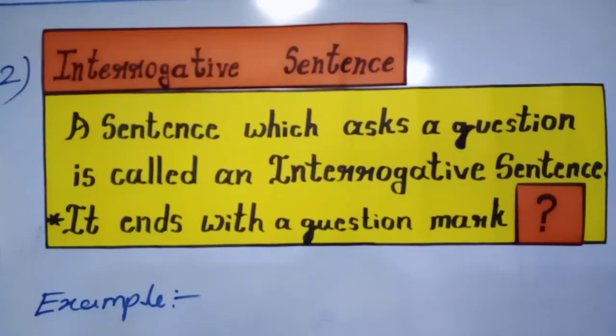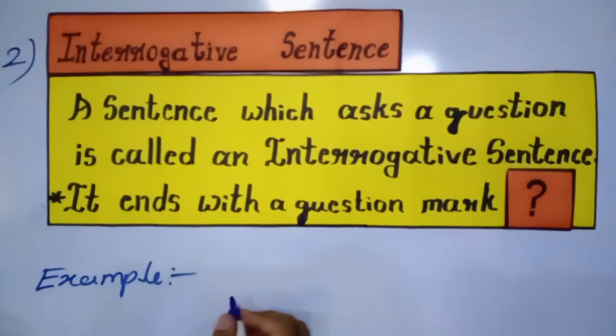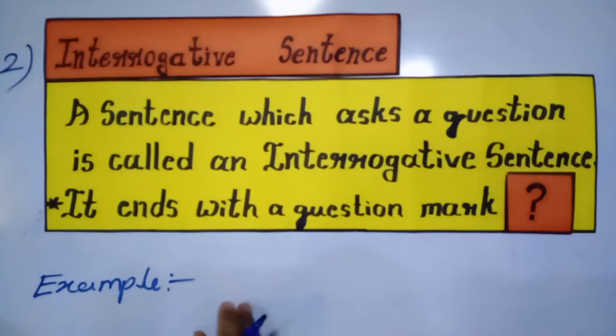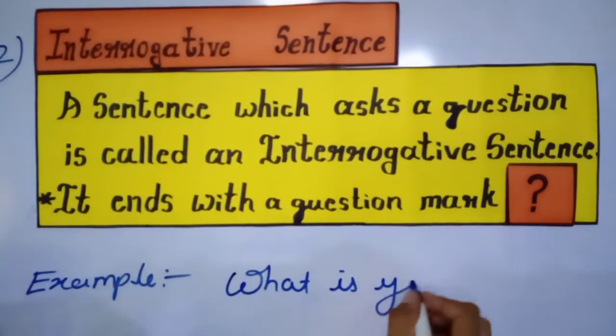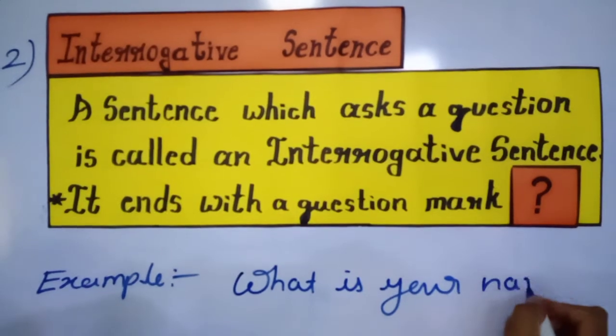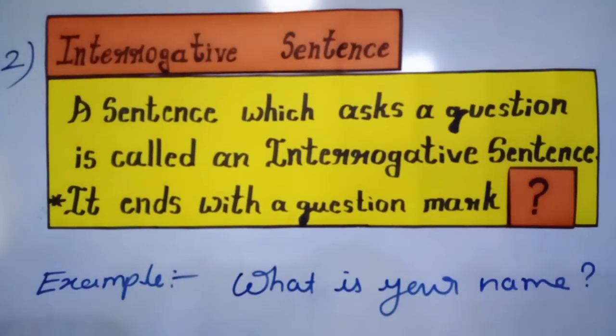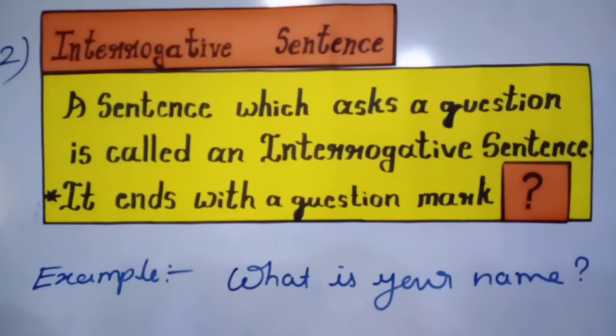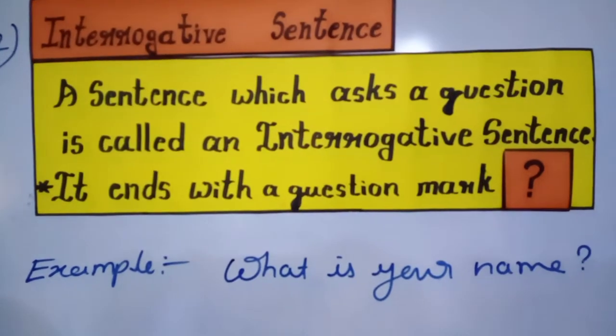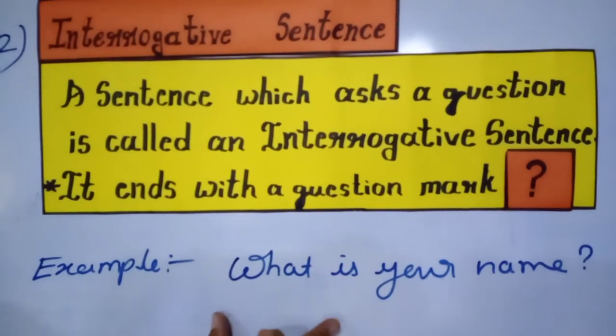Let's see the example. Normally we are using the same kind of the interrogative sentence like what is your name, and at the last question mark. What is your name means we are asking the name of the person who is standing ahead, means we are asking the question.